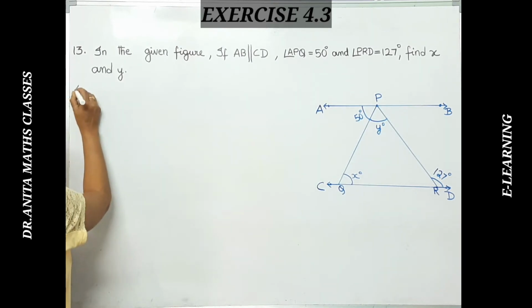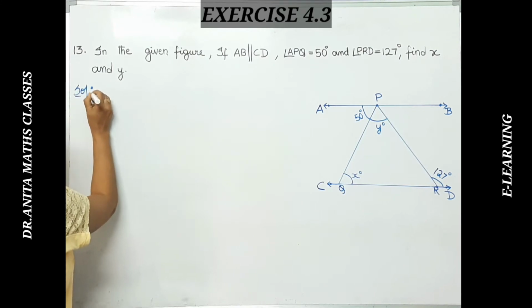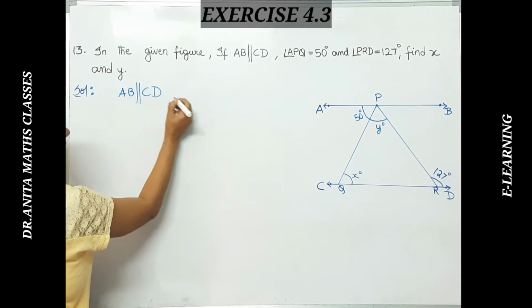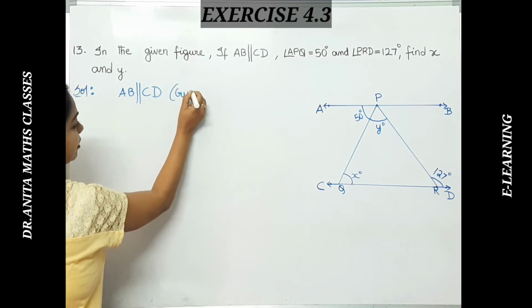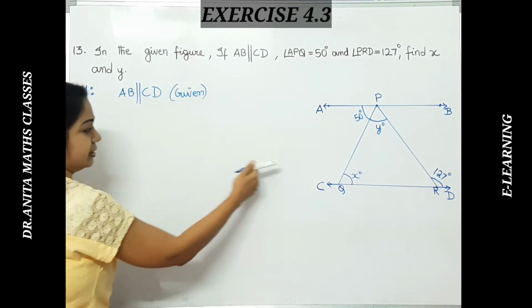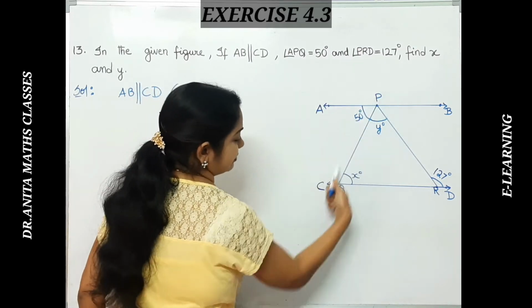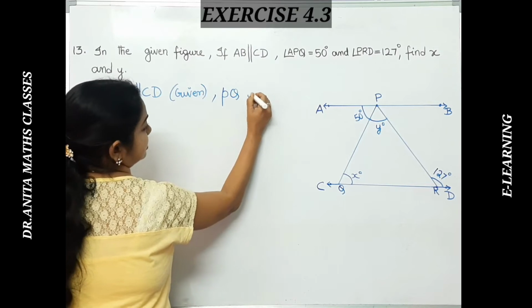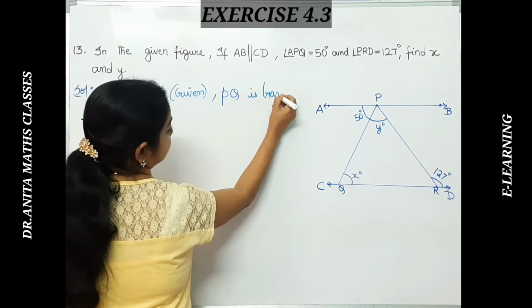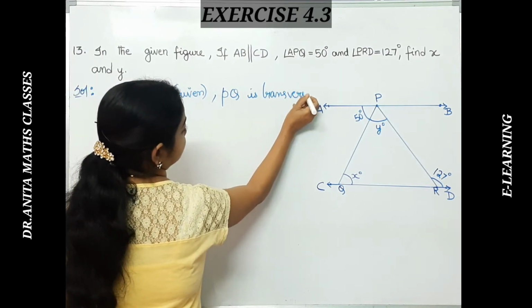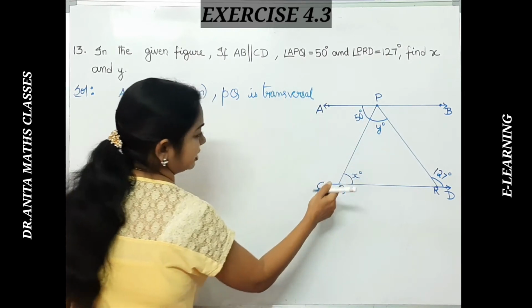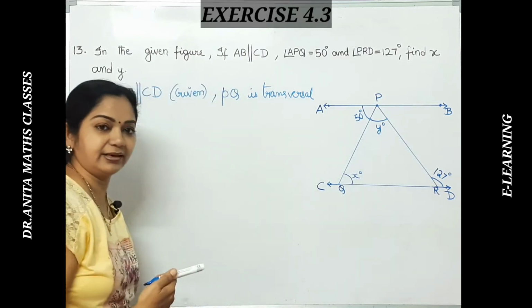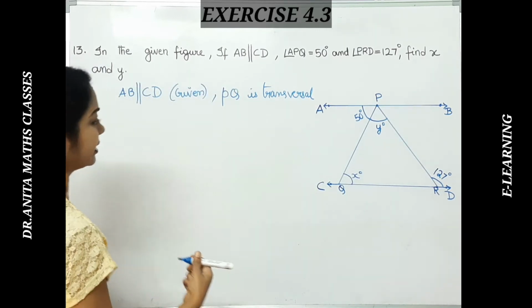We know that AB is parallel to CD, that is given in the problem. Yes, these two are parallel. And if you consider PQ as the transversal, consider the angle 50 degrees and angle X. They form the interior alternate angles.